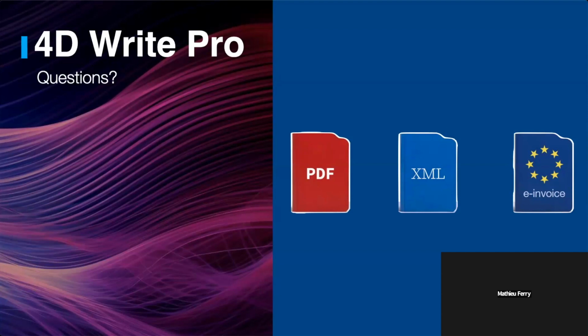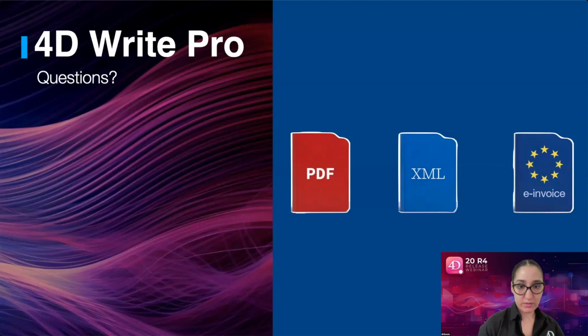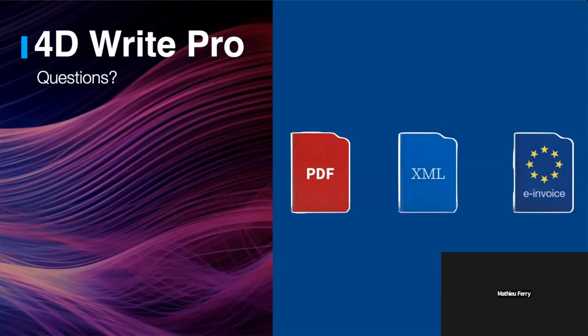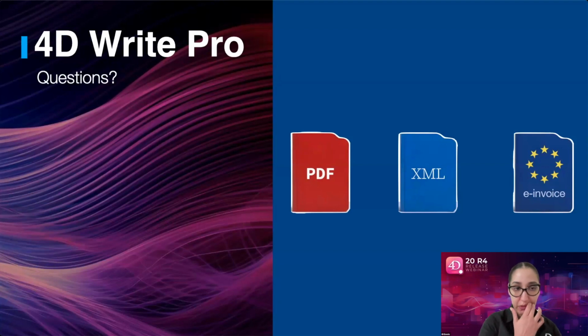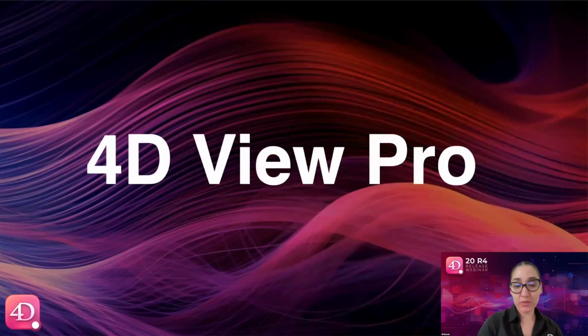Of course, we're constantly improving our product. Perhaps in some countries, electronic invoices is not a big deal right now. We can proceed maybe to View Pro. But meanwhile, if you have any more questions, please feel free to keep them coming.